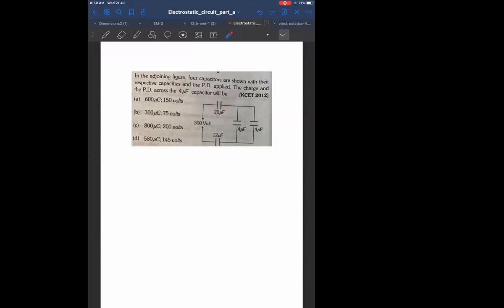At least give me that answer. What is the equivalent capacitance of this circuit, where these two are in parallel and then these three will become in series? So at least tell me what is C equivalent of this case. 120 upon 31.